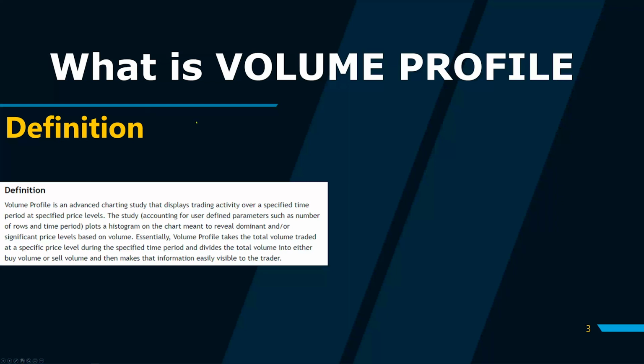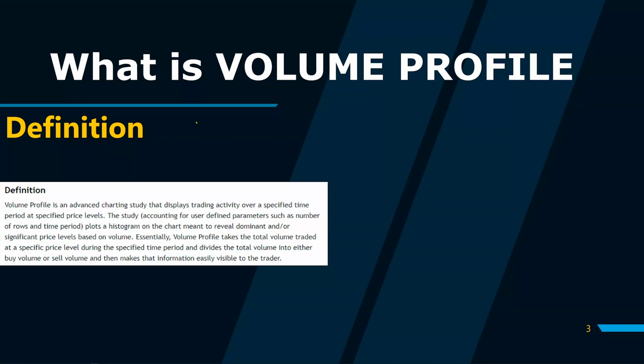All right, so what is volume profile? This is the definition. It's kind of wordy and confusing, but it says volume profile is an advanced charting study that displays trading activity over a specific time period at specified price levels. So the study, accounting for user-defined parameters such as number of rows and time period, right?